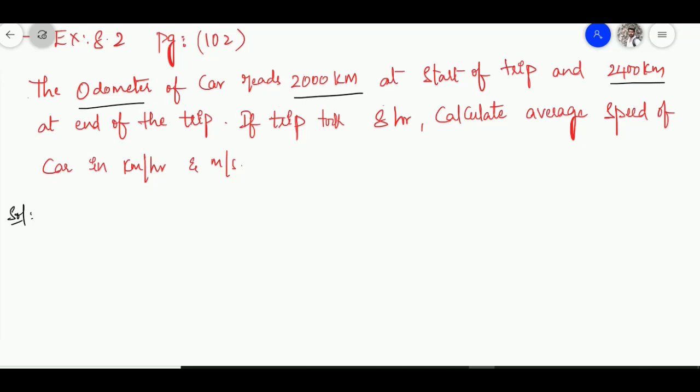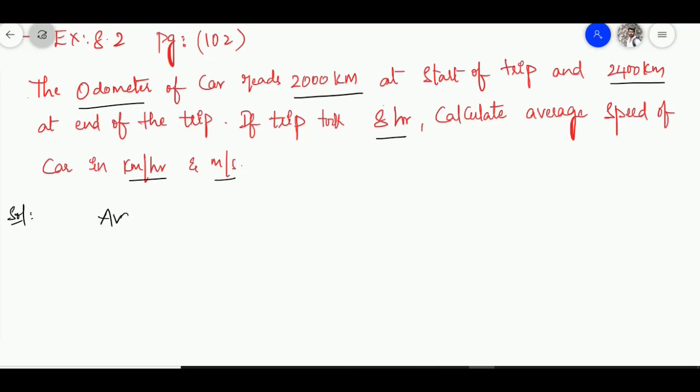So when you get out of the car, when your journey ended, the reading shows 2400. If the trip took 8 hours, calculate the average speed of the car in kilometer per hour and meter per second.